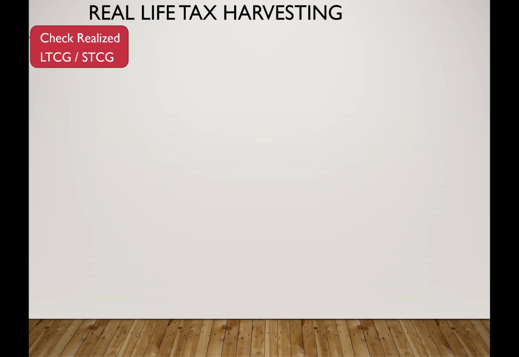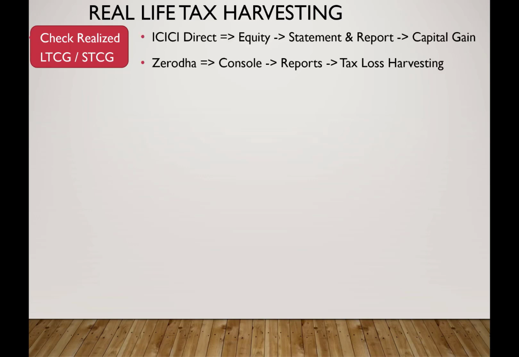So you can get this particular information directly from your stockbrokers. If you use ICICI Direct, you go to equity, statement and report section, and from there the capital gain section. If you have Zerodha, you have Console. Go to Console, and from there Reports and Tax Loss Harvesting. I'm sure other brokers will also have something similar where you can get this information.